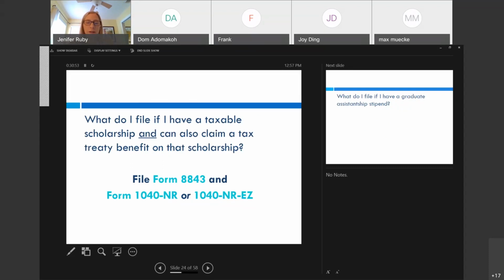Like you have to submit the copy of the 1042-S, which is the statement that the college would have provided you, where they say how much scholarship you were given and how much was the taxable amount, but also how much was waived based on the tax treaty, okay? So you still have to, what we call, reconcile that with the government.